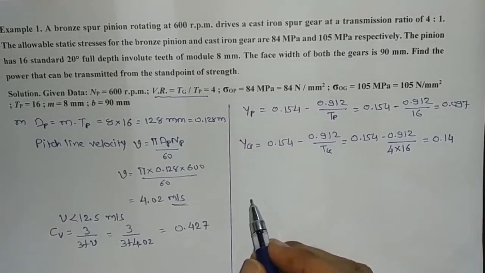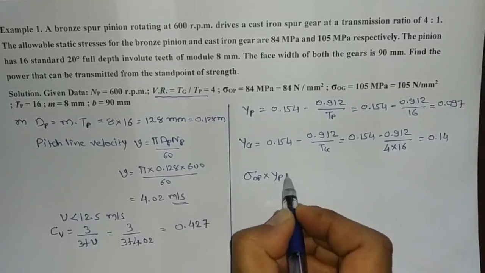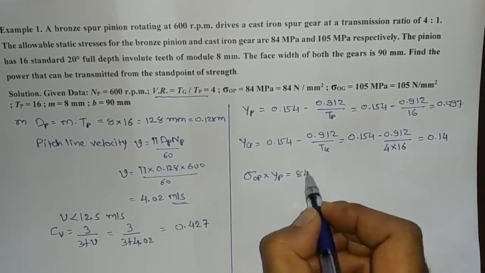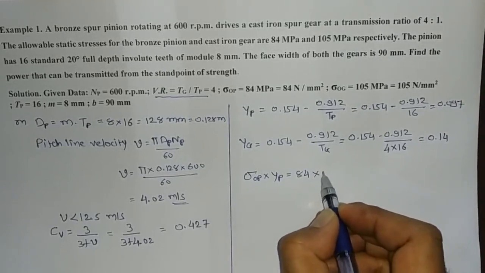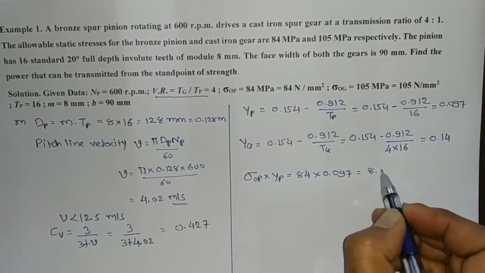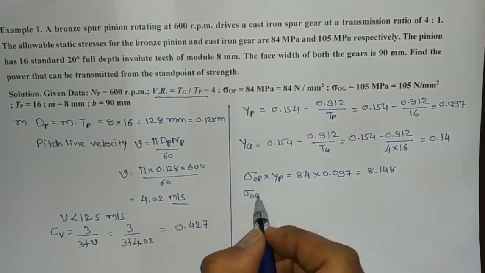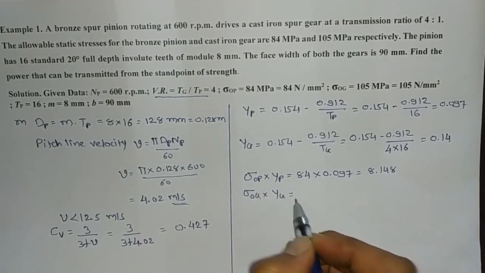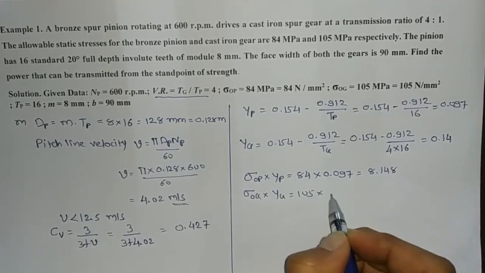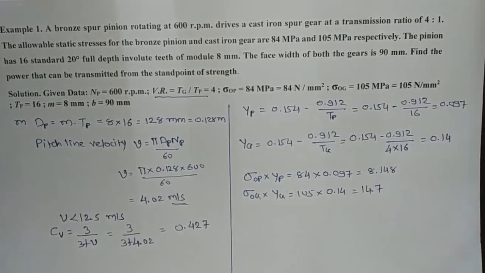Now find out the product of sigma Og and Yg, and sigma Op and Yp, that is static stress and form factor. The value of sigma Op into Yp is equal to 84, sigma Op is equal to 84, and Yp we have found 0.097, so it is equal to 8.148. Similarly, find the value of sigma Og into Yg, which is equal to 105 into 0.14, so it is equal to 14.7.